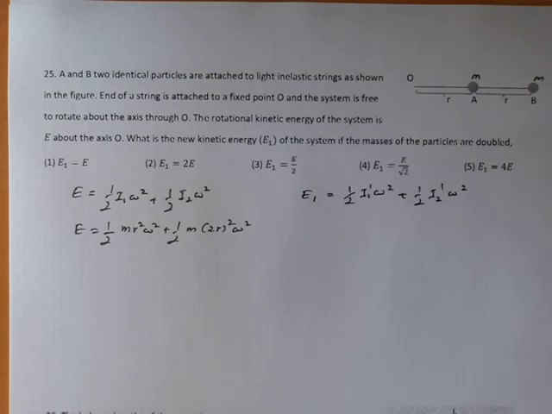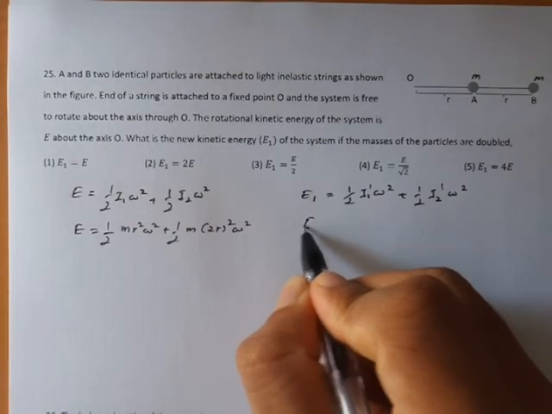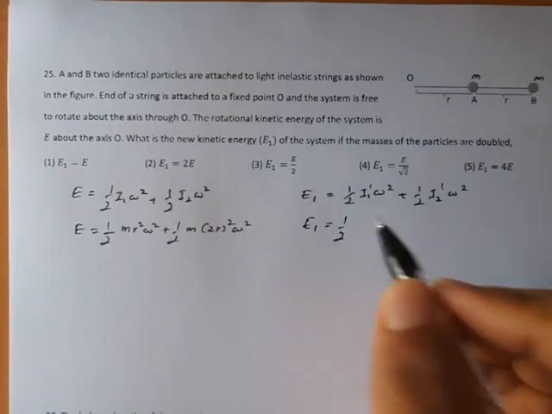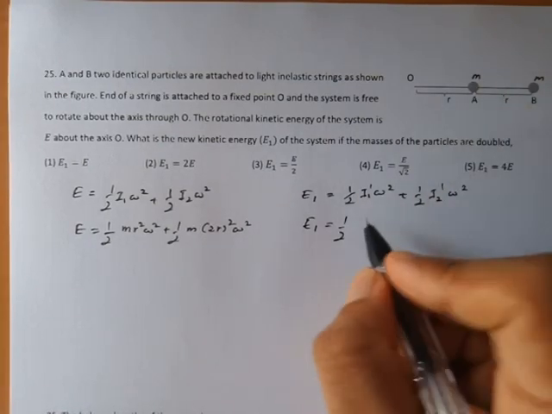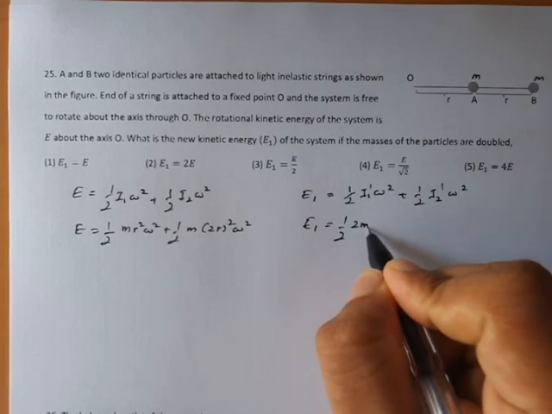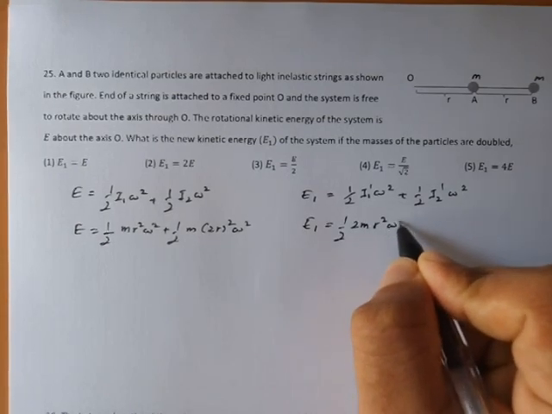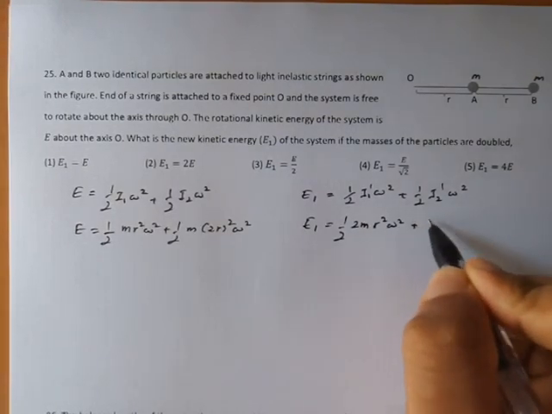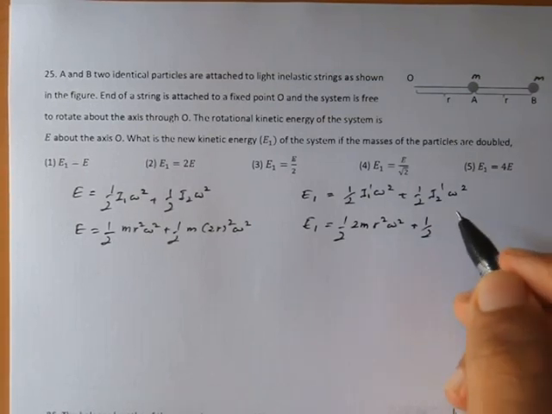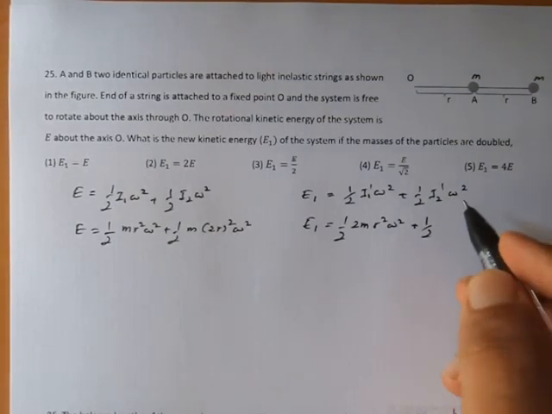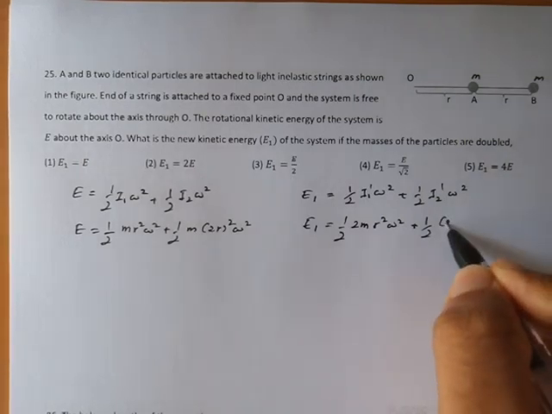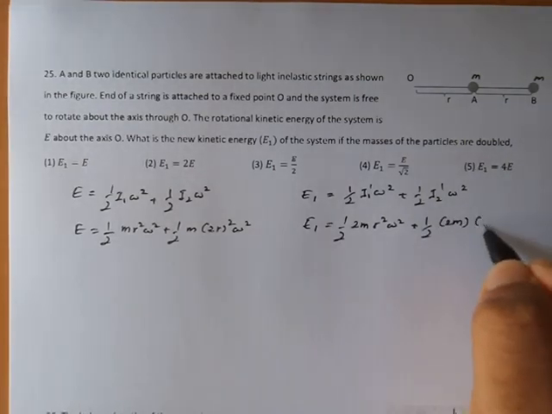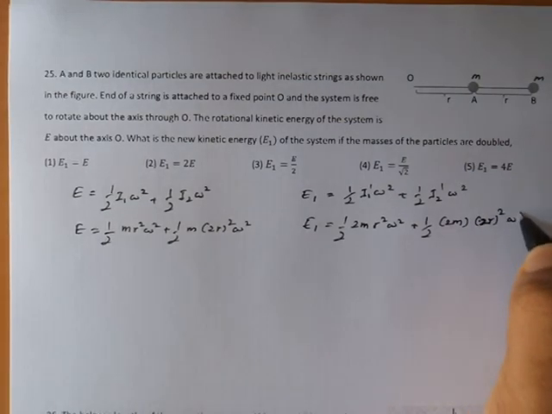So E1 is equal to half times, I1 is m r squared, now the mass is 2m, so 2m r squared omega squared plus half I2 dash, now I2 also has double mass, so 2m times 2r squared omega squared.